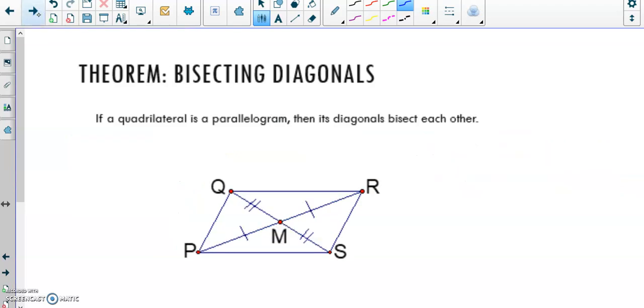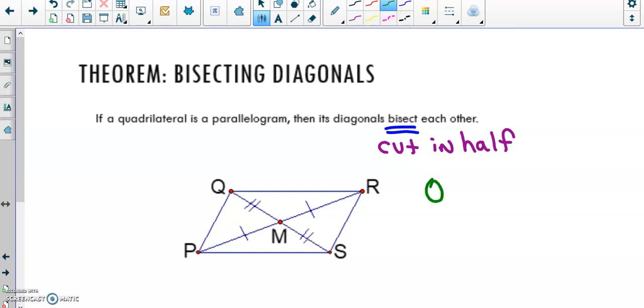All right, then the last theorem about parallelograms. If a quadrilateral is a parallelogram, then its diagonals bisect each other. And bisect means cut in half. So one diagonal cuts the other in half, and vice versa.